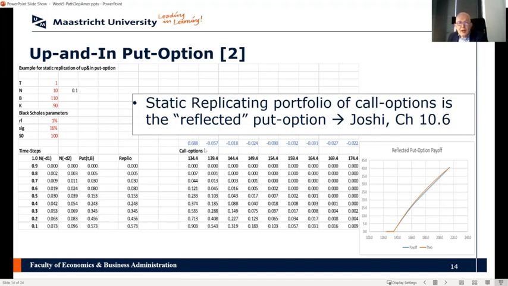And then I can choose 1, 2, 3, 4, 5, 6, 7, 8, 9 call options with strikes at 134, 139, 144, and I've arbitrarily chosen a step size of 5 here, so you can play with that a little bit. And then you see that the largest position is 0.688 in this first call option with this strike here. And that would be a straight line going up. But because of this put-call reflection, because of the logarithm transformation, the reflected put option is bending down a little bit.